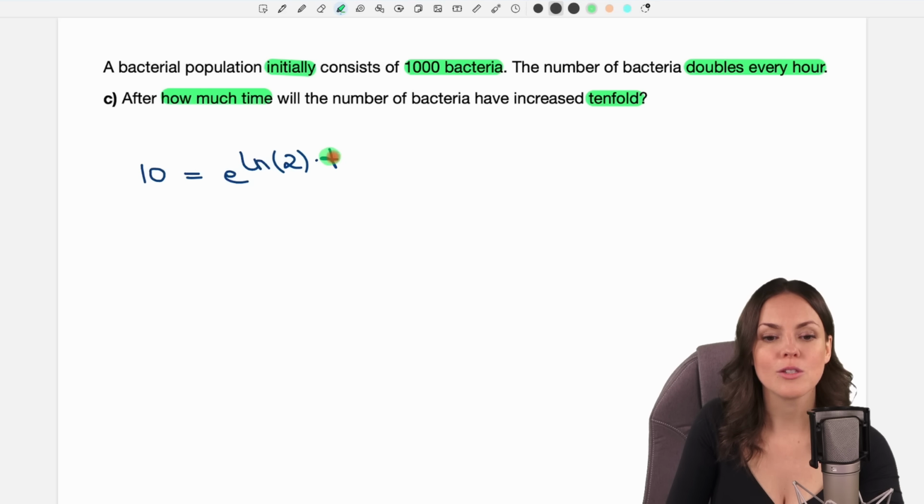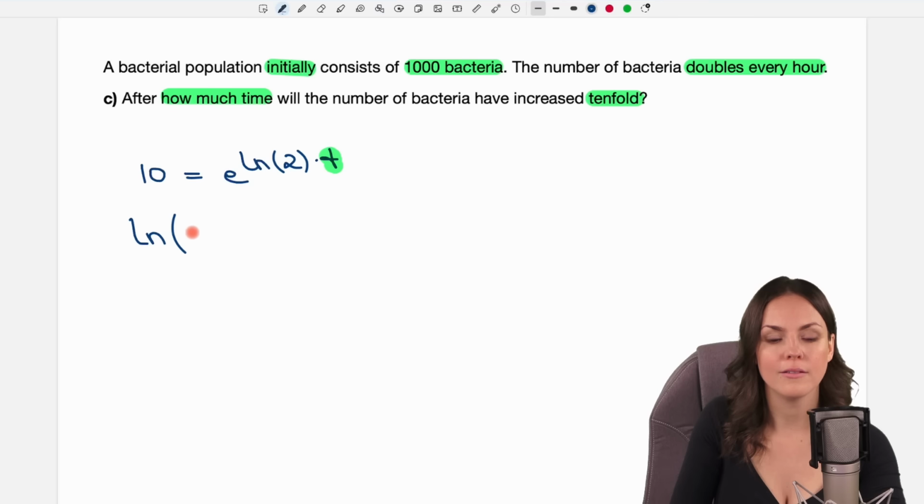We still want to solve for t, so now I want to get rid of this e to the power here on the right side, and I can do that by applying the logarithm on both sides of the equation. I'm going to take the logarithm to the base e, which is the ln. So I have ln of 10 on the left side and ln of the entire right side here as well.